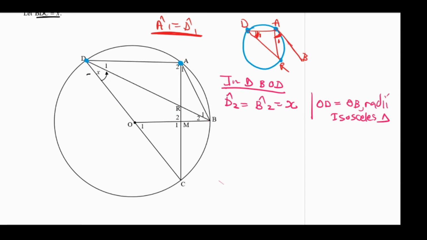So now I'm saying M1 equals M2 equals 90 degrees, right? And the reason was that the radius is perpendicular to the chord, right? So hence that is 90 degrees, so meaning this is also 90 degrees. So everything here is 90 degrees.